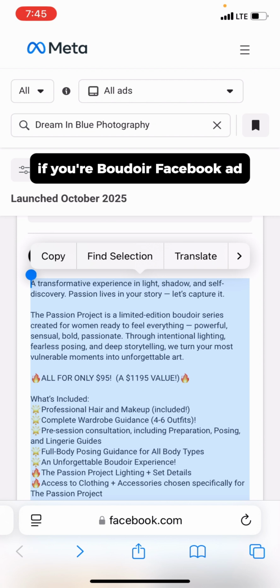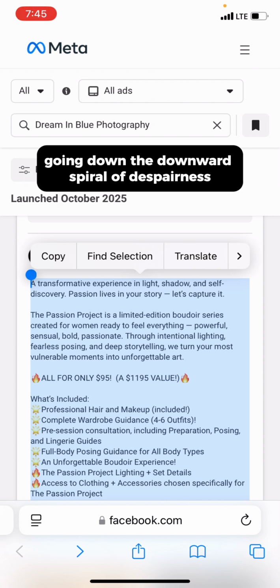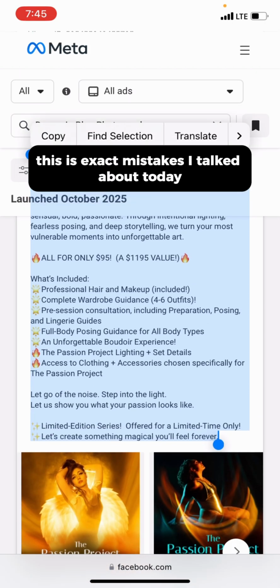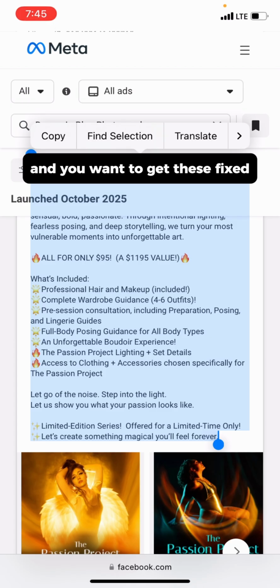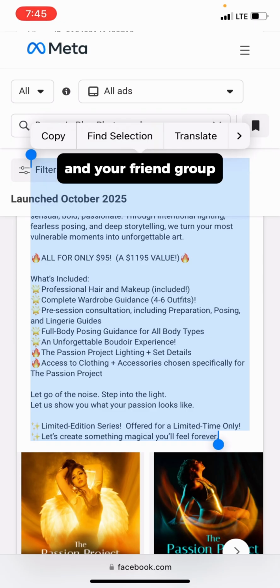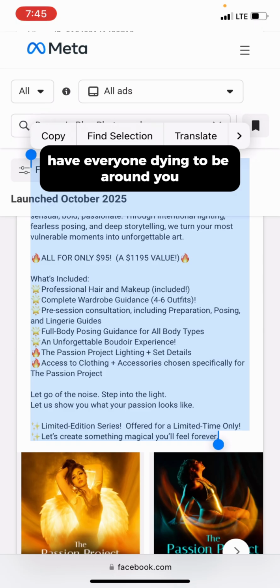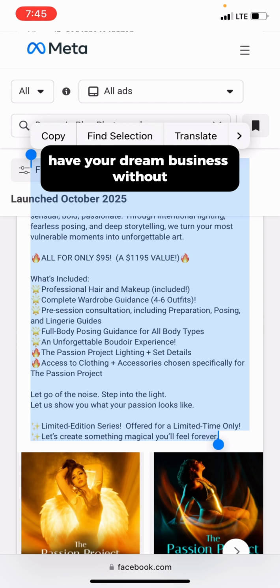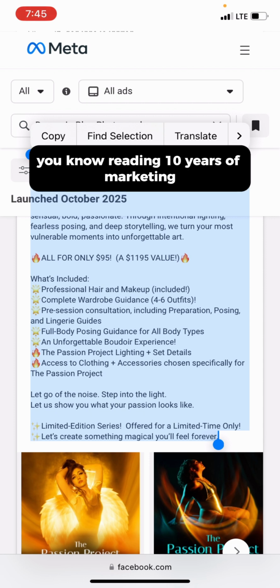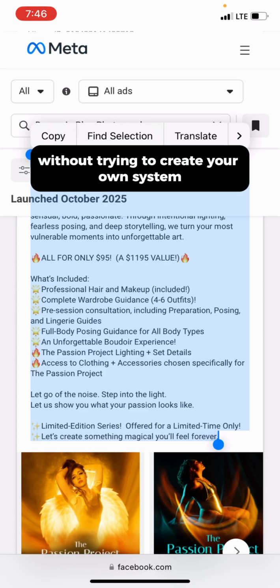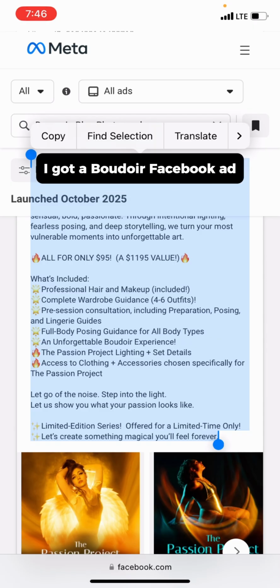So if your boudoir Facebook ad is performing worse and worse, going down the downward spiral of despair, and has these exact mistakes I talked about today, and you want to get these fixed, scale the business, be the most popular boudoir photographer in your city and your friend group, have everyone dying to be around you, meet you, get advice from you, scale the business, have your dream business without reading 10 years of marketing, without testing so many systems, without trying to create your own system, then yeah, I got a boudoir Facebook ad mechanic offer for y'all today.